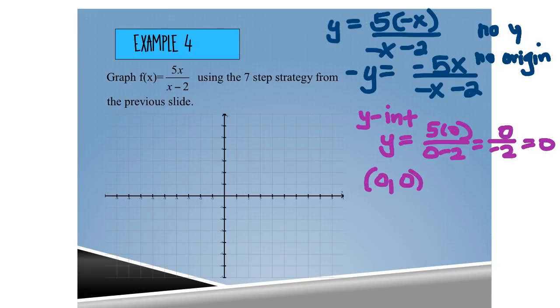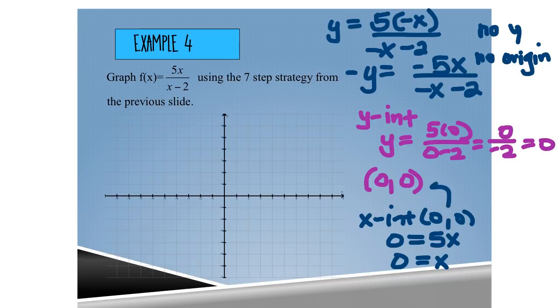So my y-intercept is 0, 0, which means I should already identify an x-intercept. But I'm going to check to see if there's more. So for my x-intercept, I set my numerator equal to 0, and then divide by 5, and I get x equals 0. So both my x and my y-intercept are 0, 0.